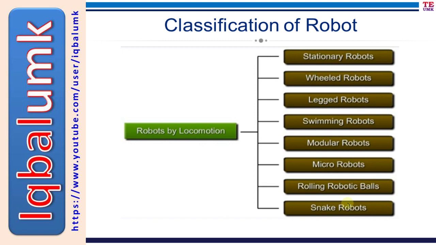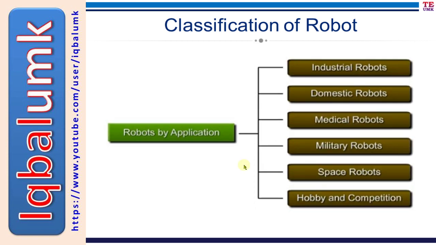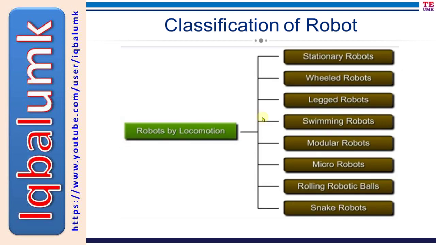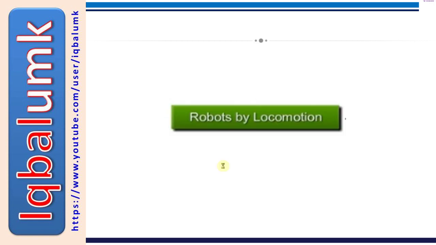Nah, kemudian di robot stasioner sendiri. Robot by locomotion ini ada beberapa yang dirinci kembali.